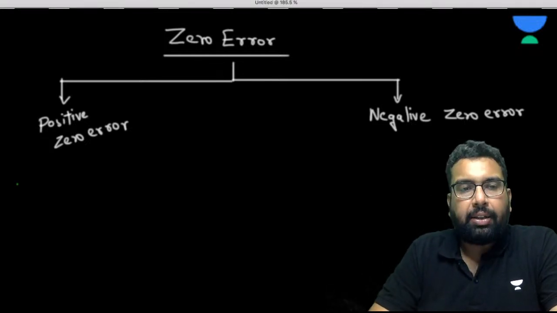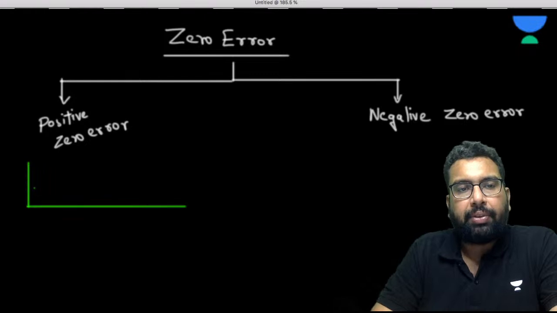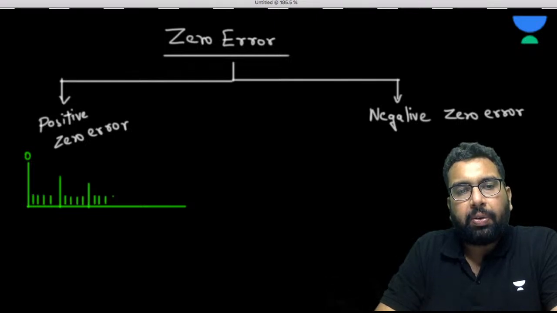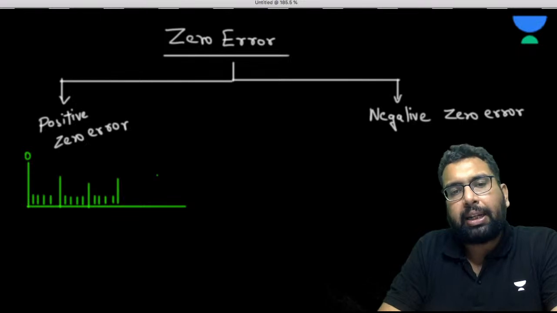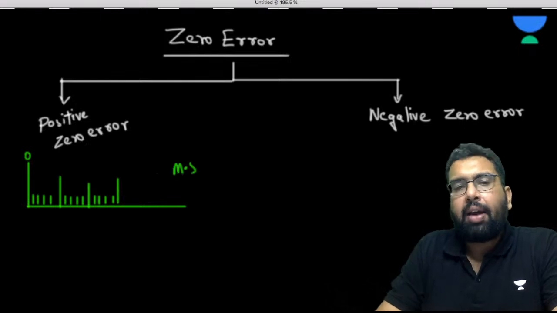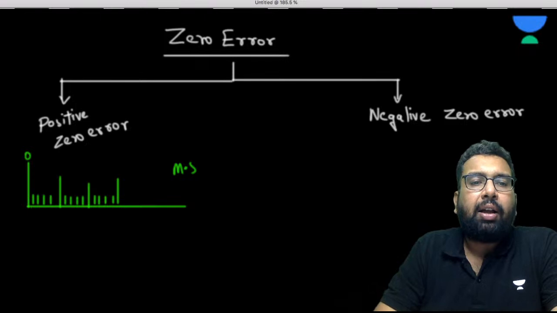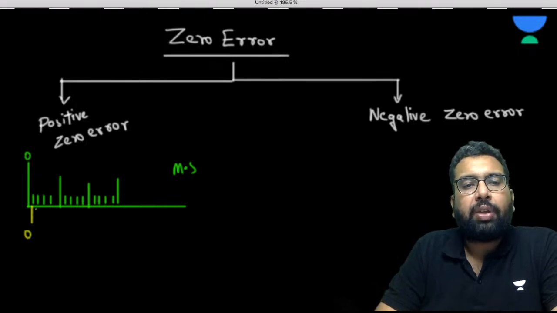Let's suppose this is the main scale, 0, 1, 2, 3, 4, 5, and we have the vernier scale. This is the zero of the vernier scale, and these are the divisions on the vernier scale.